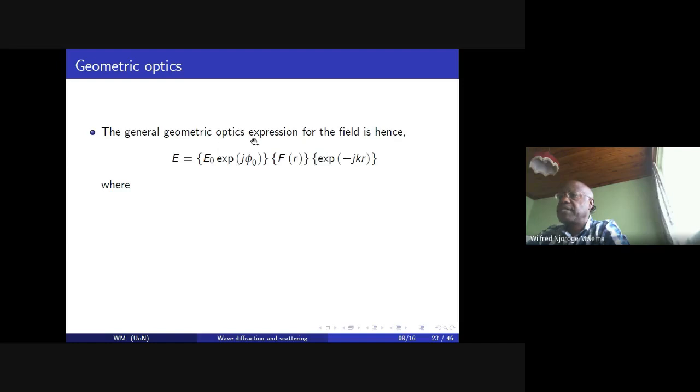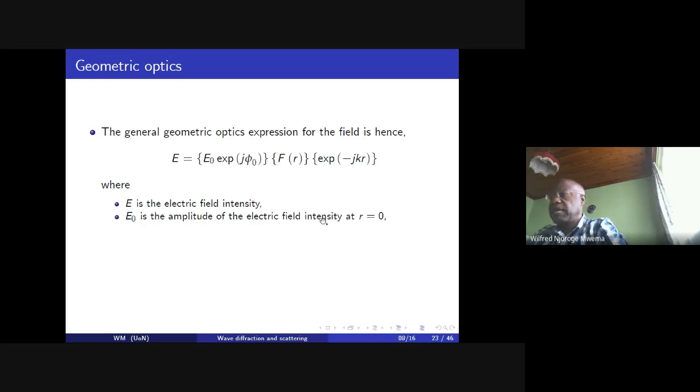multiplied by a spatial factor F of r and the phase propagation constant for the field, where E is the electric field intensity at the position r, E naught is the amplitude of the electric field intensity at r equal to 0 or r equal to r naught, which is the reference point.